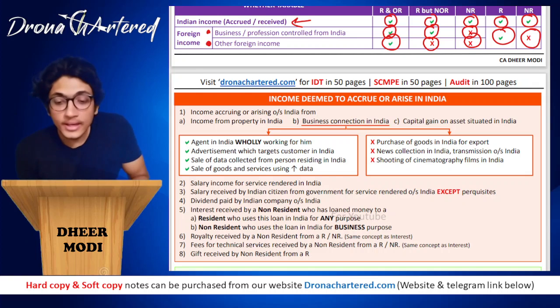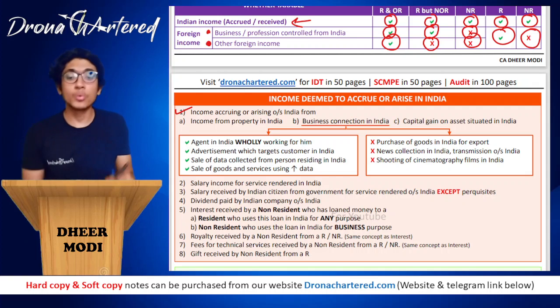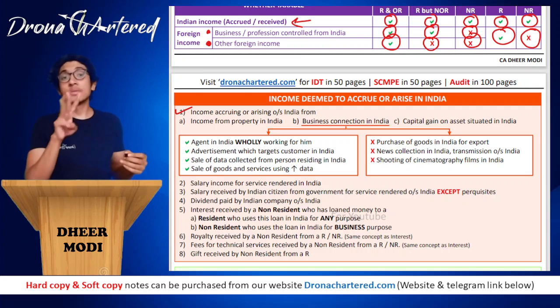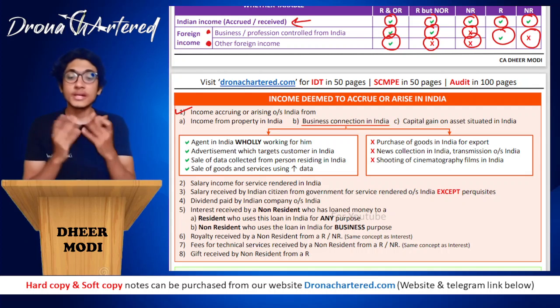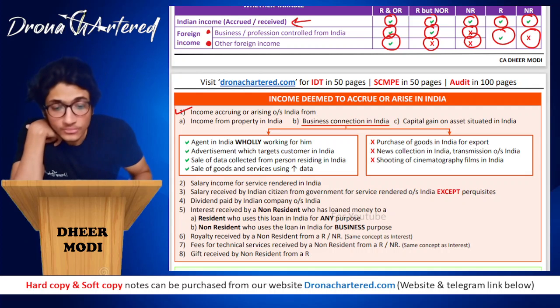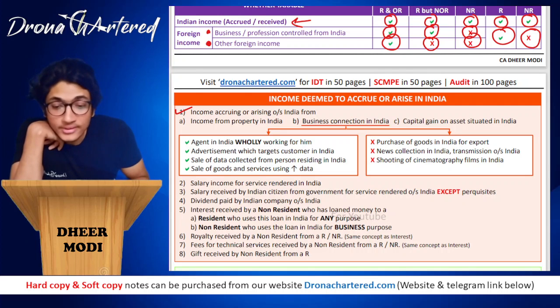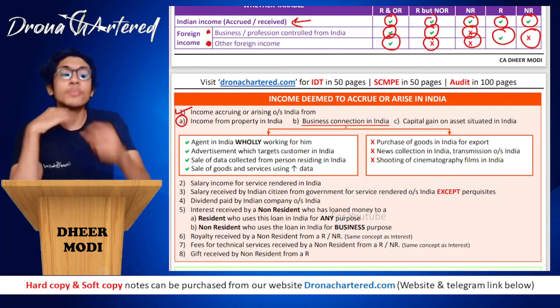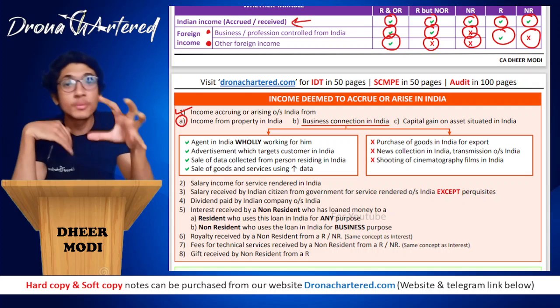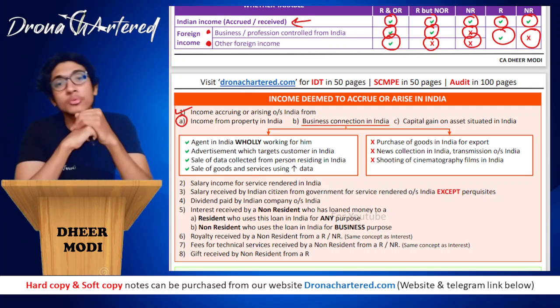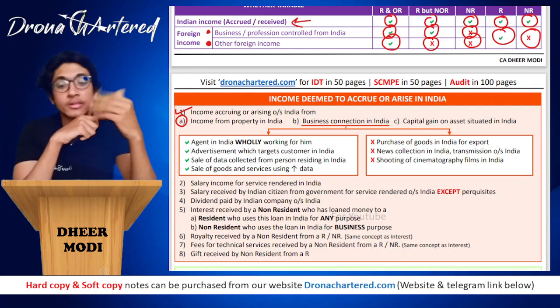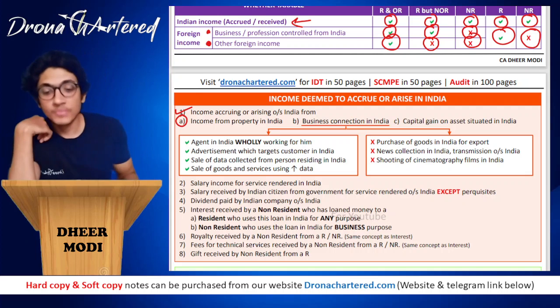So first is any income accruing or arising outside India from these three things. It will be treated as income deemed to accrue or arise in India. So first is any income from property in India. For example, if you purchase any houses and you get rent from those houses, this will be taxable and will be deemed to accrue in India.